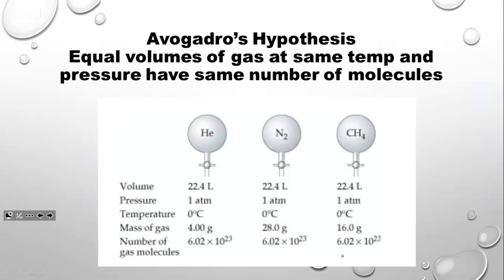So for example, if we have a balloon of helium, a balloon of nitrogen, and a balloon of methane, they all have different formulas, but because their volume is 22.4 liters for each of them, pressure of 1 atmosphere each, and temperature of 0 degrees Celsius each, each one has a different mass, but they each have the same number of molecules. They have the same number of moles of molecules and the same number of individual molecules.